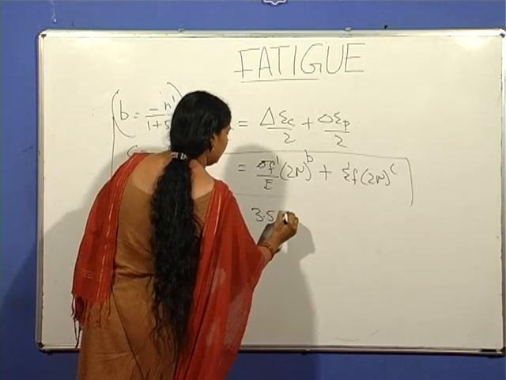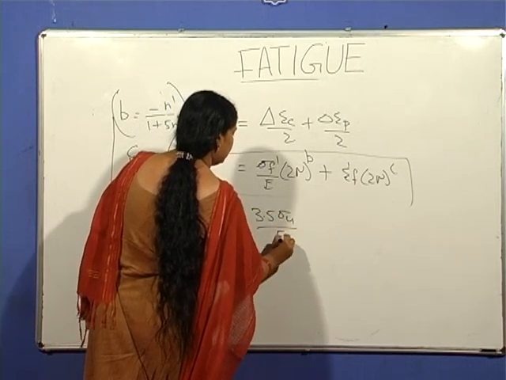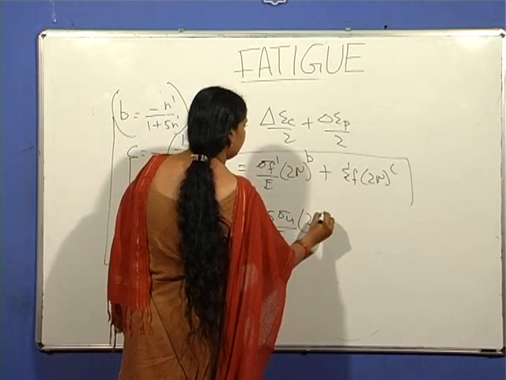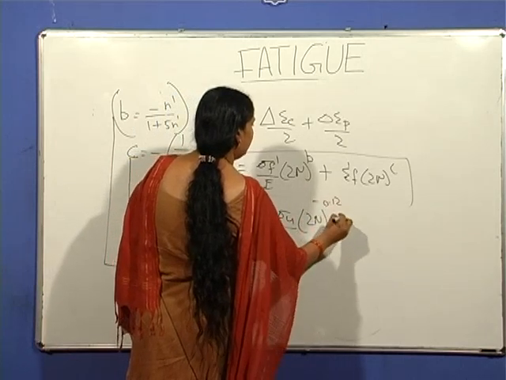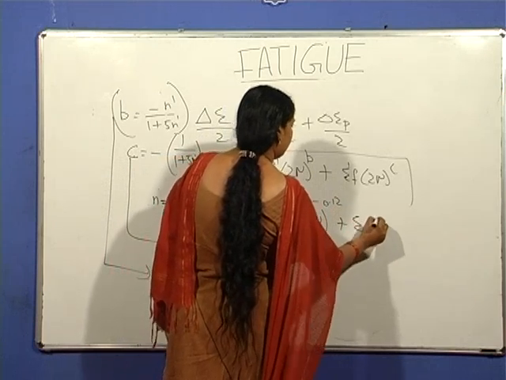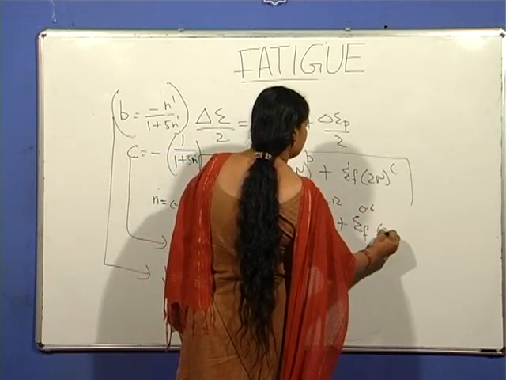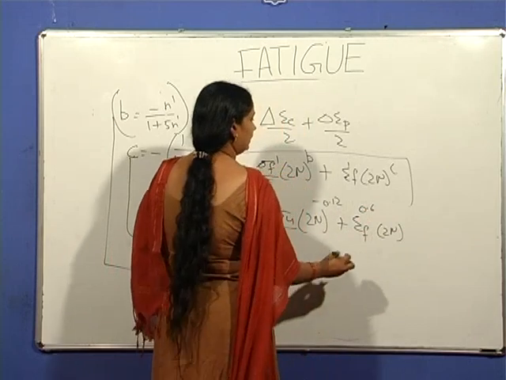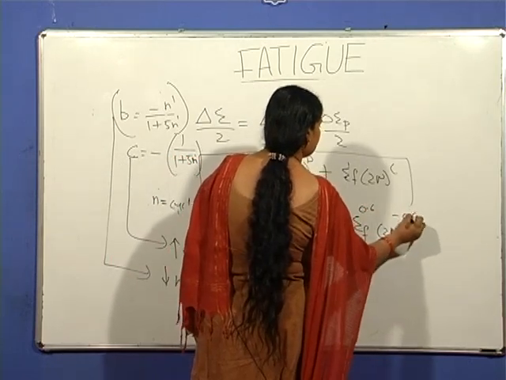3.5 times the ultimate tensile strength by Young's modulus into 2N whole to the power of minus 0.12, plus epsilon f to the power of 0.6 into 2N whole to the power of minus 0.6.